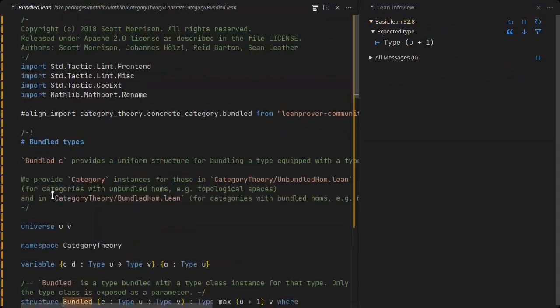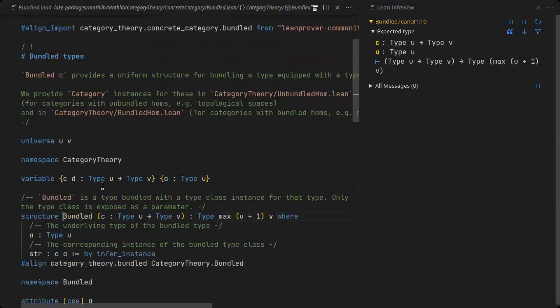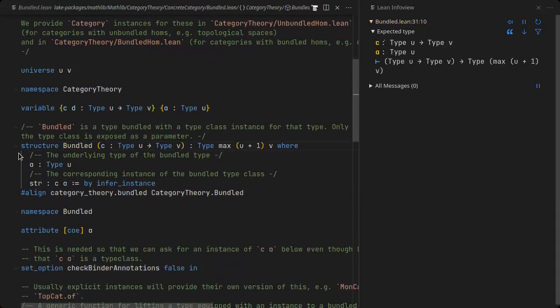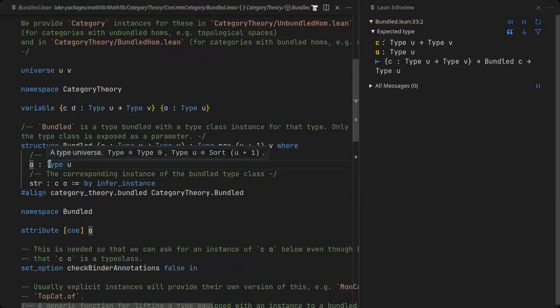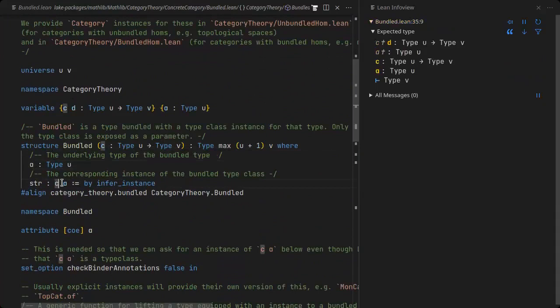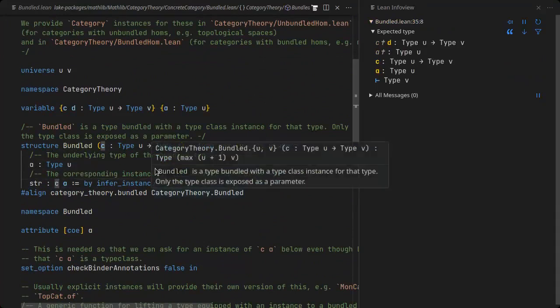And if we look at the definition of Bundled, it's a structure that contains an alpha, which is just the carrier, and a type class on that carrier. This is very general, but you can think of it as a general vehicle to take a carrier, take an arbitrary type class on that carrier, and bundle it together in one type.